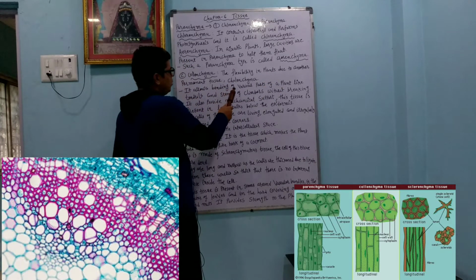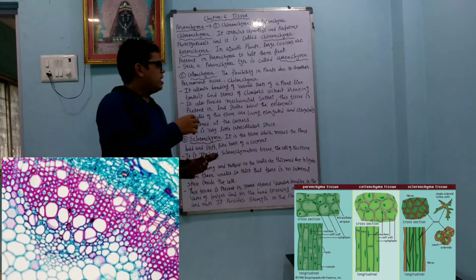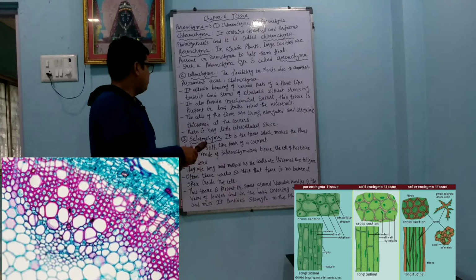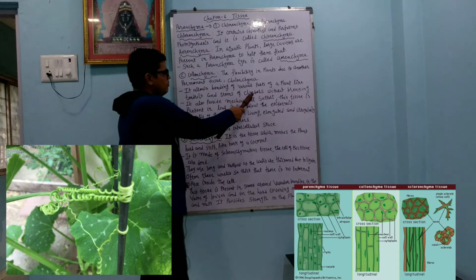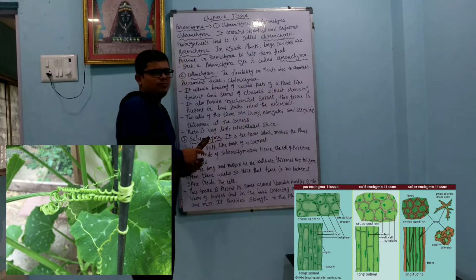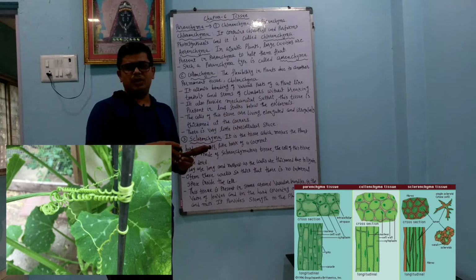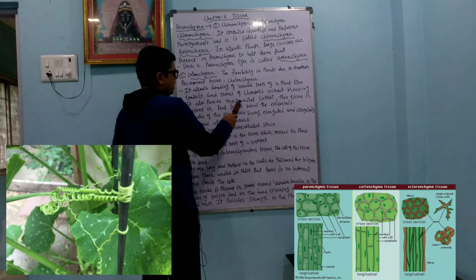It allows the bending of various parts of the plant, like tendrils and stems of climbers, without breaking. So it gives support as well as flexibility. It also provides mechanical support.